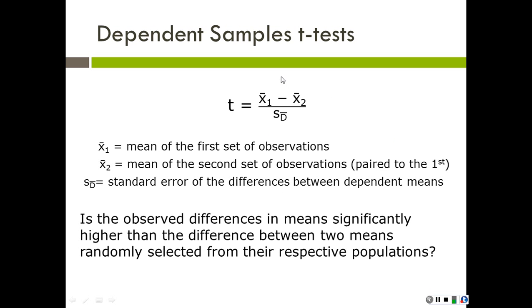Our t-value is comprised of the difference between the average pre-test score and the average post-test score, divided by the standard error for that statistic, the standard error for a dependent samples difference. So it's just like all of our other t-tests, except it's specific to this test.